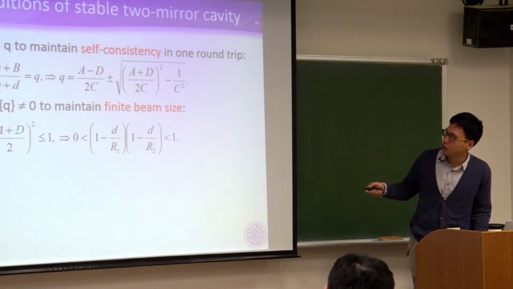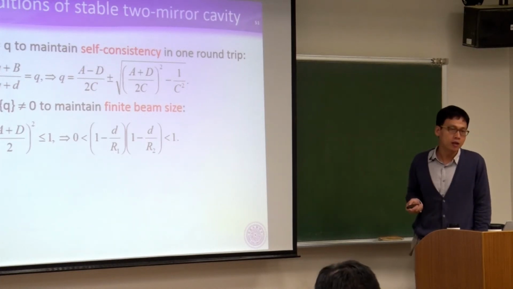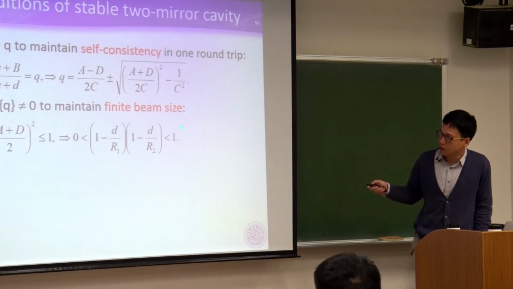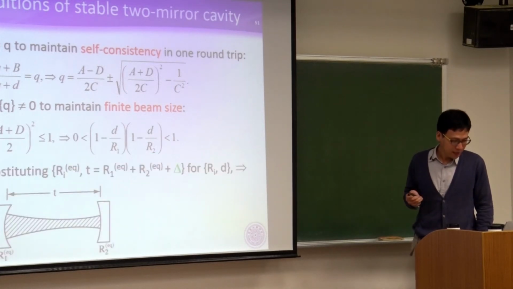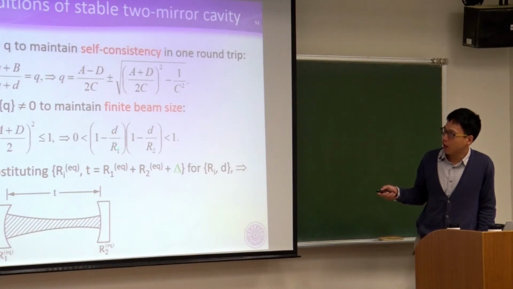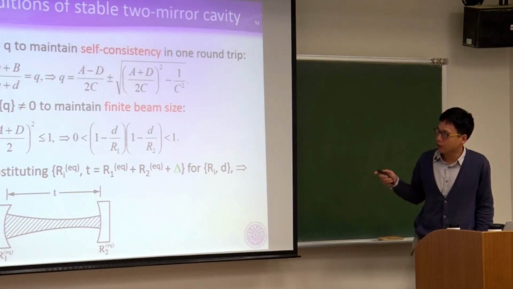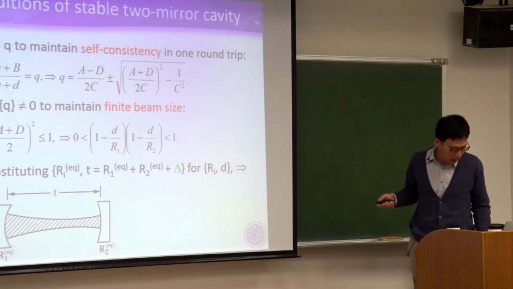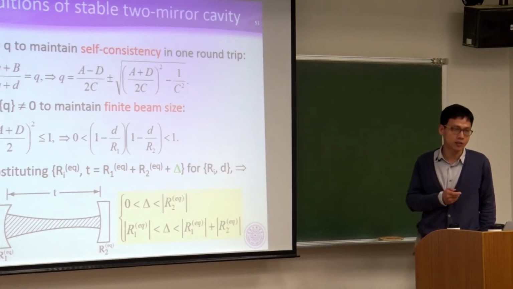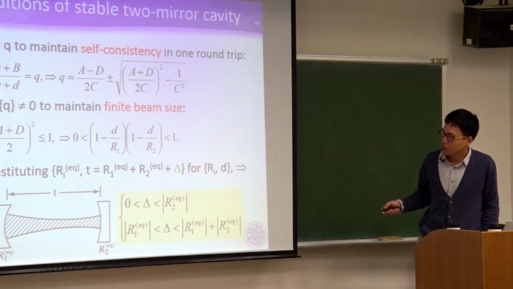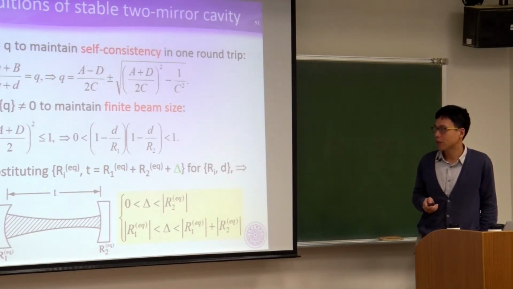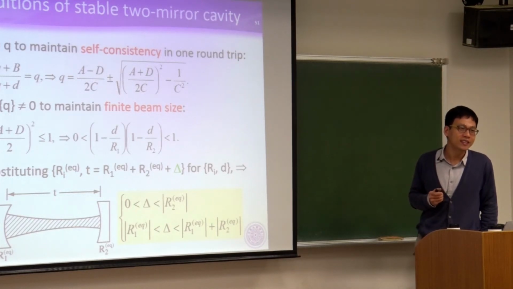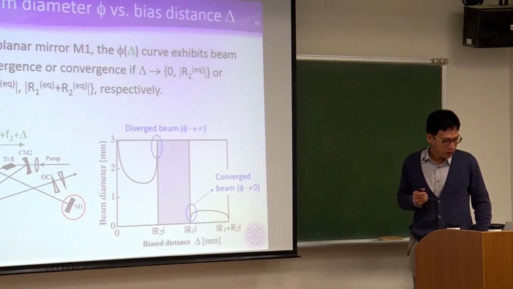Substituting them into here, (A plus D over 2) squared less than 1, you got this inequality. Okay. And if you substitute R1 EQ and R2 EQ by the T, T is defined here, for R1, R2, and the d, you can get these two inequalities. That means these two inequalities have to be satisfied such that you have a stable cavity. Okay. Then what does this mean?